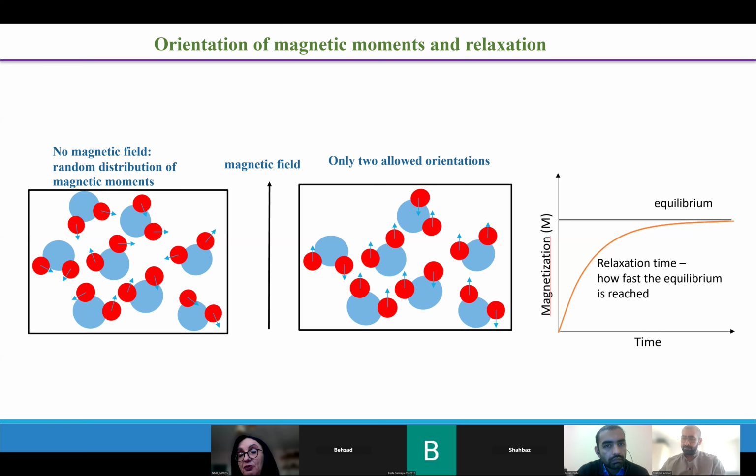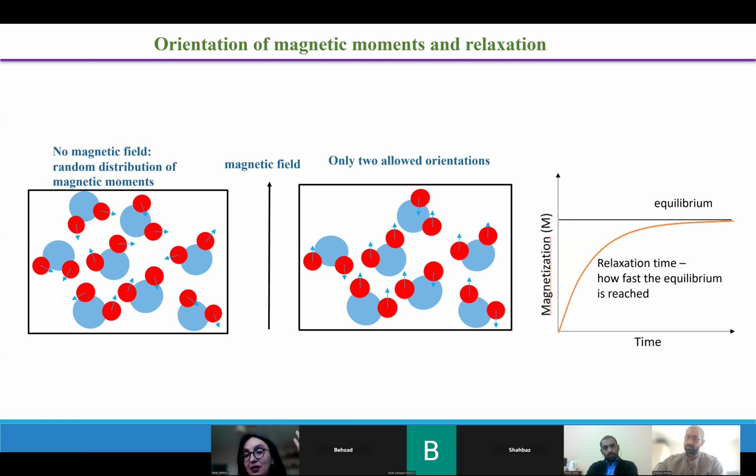Eventually, this means that when you apply the magnetic field, the system starts a certain process, namely from the chaotic distribution of the magnetic moments, you will see the order is created, yeah? Some of them orient parallel, some of them anti-parallel. We already said that the question which one does not make sense.